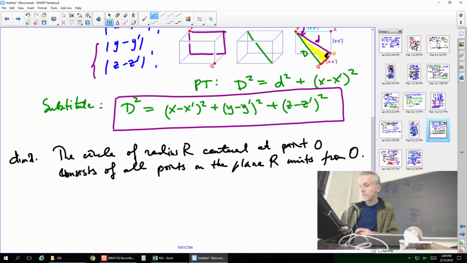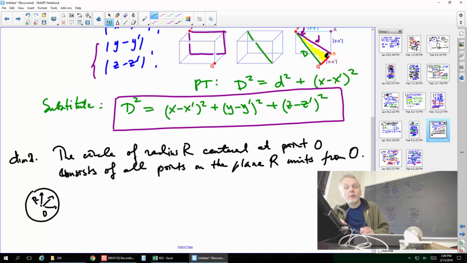Like this: this is O, and every single one of them is exactly r units from it. Doesn't matter what that point O is, and doesn't matter what r is, as long as it's positive, we're going to end up with a circle.